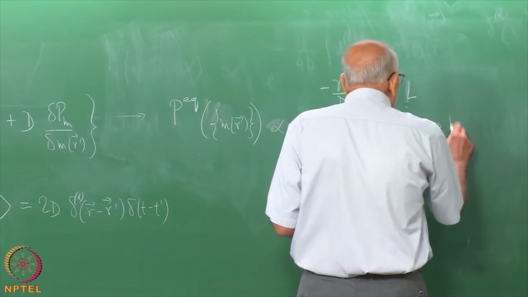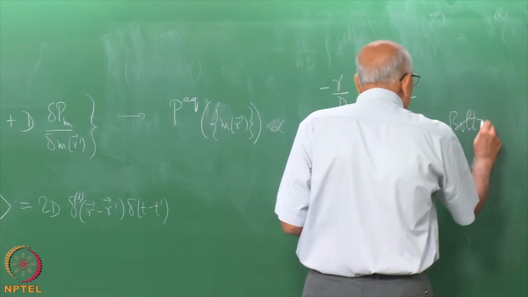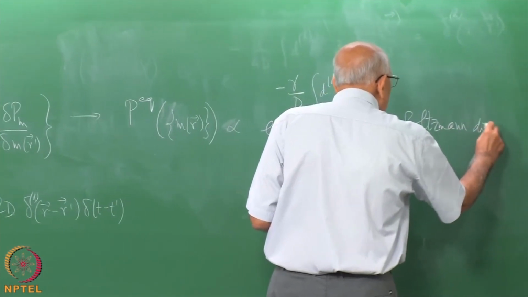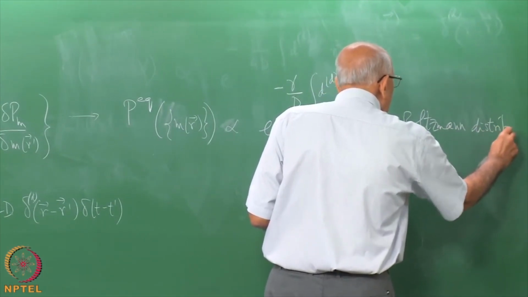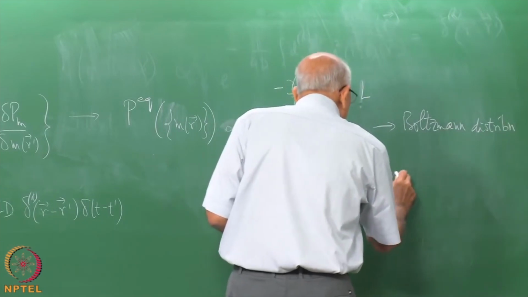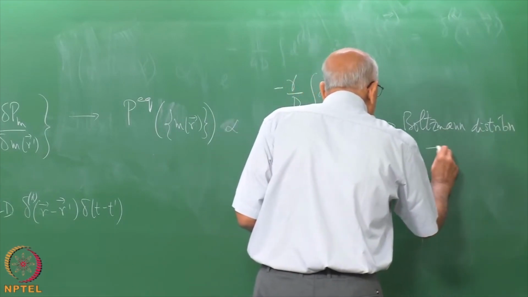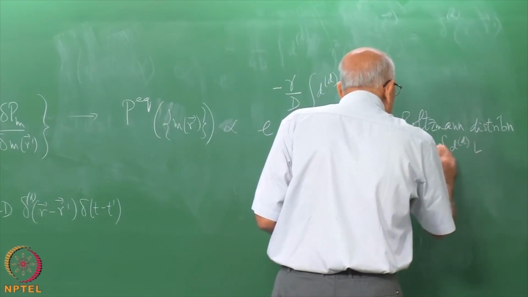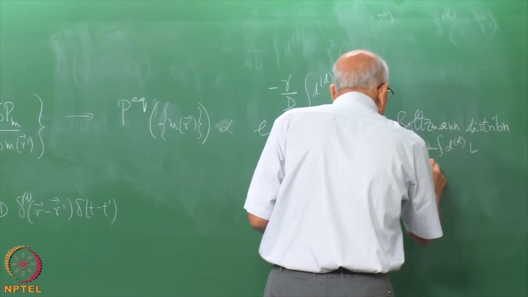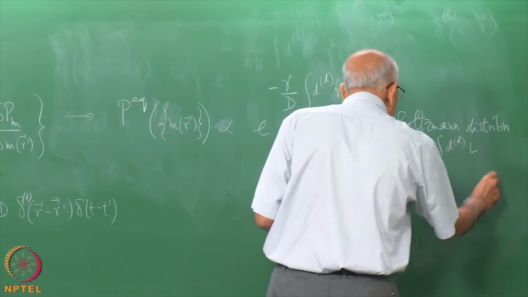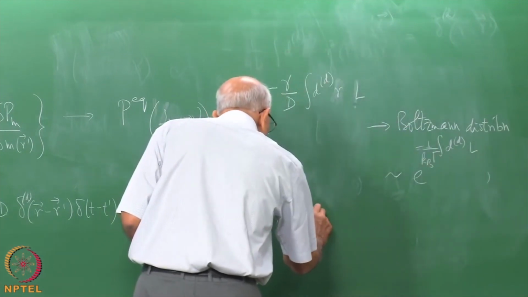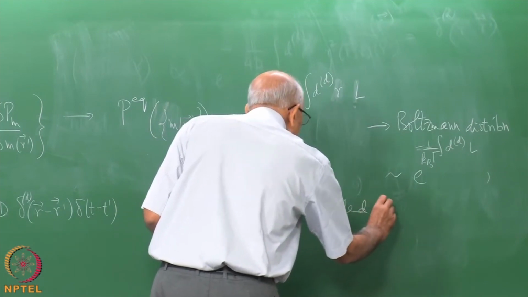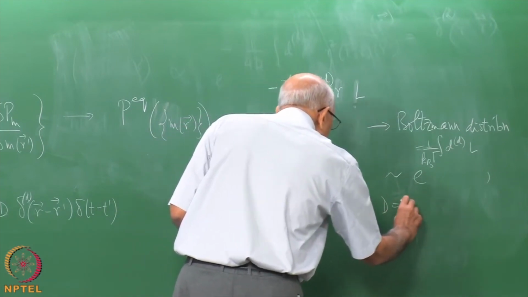So this goes to the Boltzmann distribution, which goes like e to the minus integral d r L, minus 1 over k_Boltzmann T, provided d equal to gamma kT.